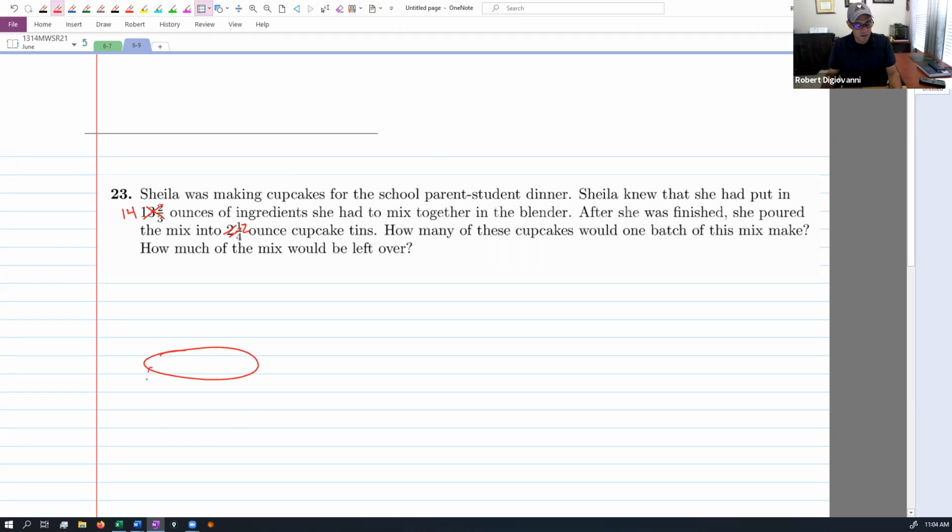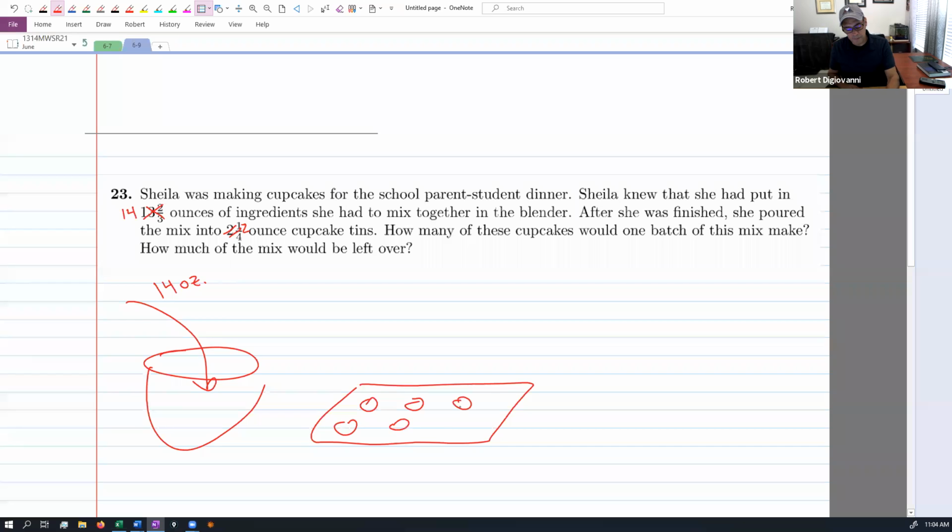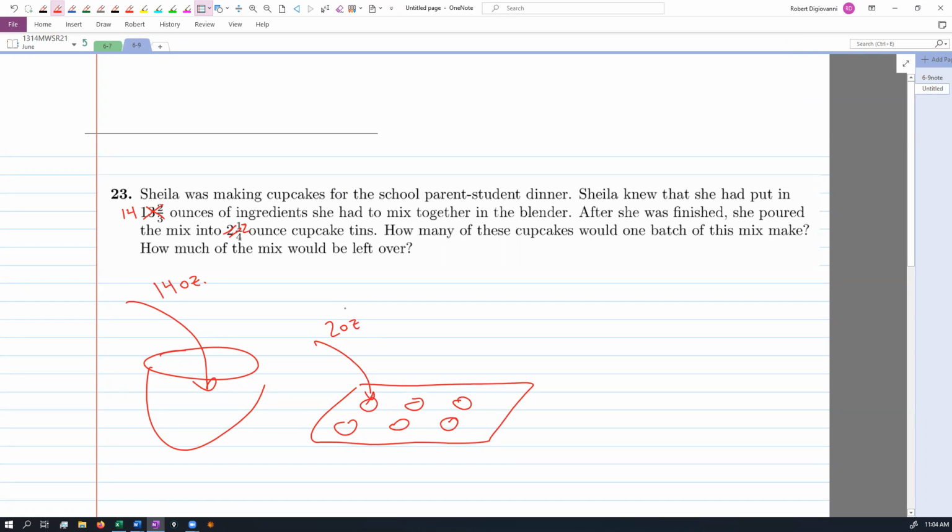So she's got this mixing bowl with 14 ounces of stuff. And then she's going to be pouring those out into those little baking sheets with the cupcakes. And each one of these cupcakes takes 2 ounces, right? So the question is, how many cupcakes can she make with that mix? Does that help you see what the operation would be?